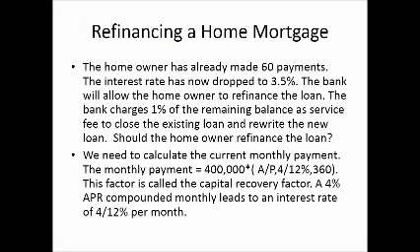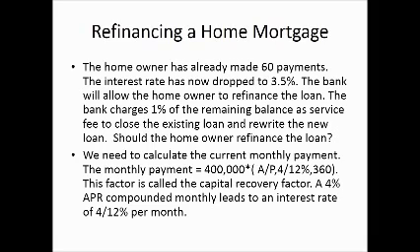First, we need to calculate the current monthly payment. Under the current plan, the monthly payment is $400,000 multiplied by the capital recovery factor, A over P, which converts the present value P to an annuity A. Present value is the price of the house, amount borrowed, 400,000. Interest rate is 4% APR or 4 over 12% per month, and you are planning to make 360 monthly payments for a 30-year loan.